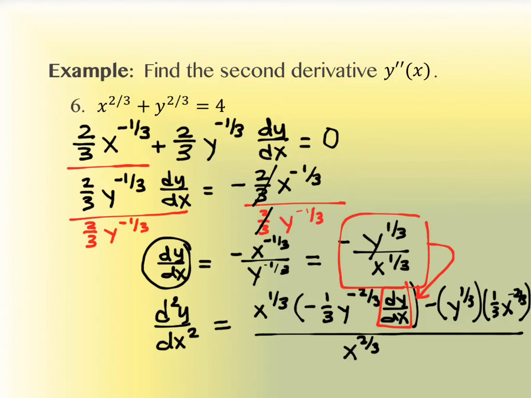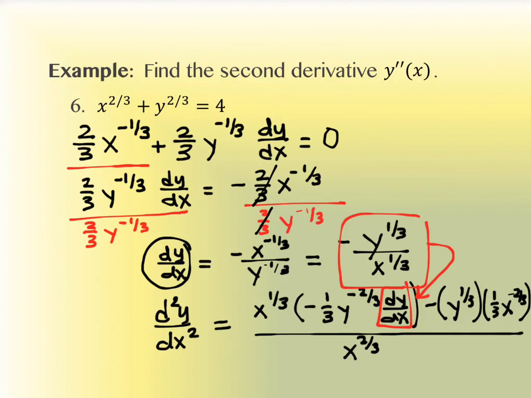So just copy these down for now. You're going to have x to the 1/3, you have a 1/3 y to the negative 2/3 times negative y to the 1/3 over x to the 1/3.